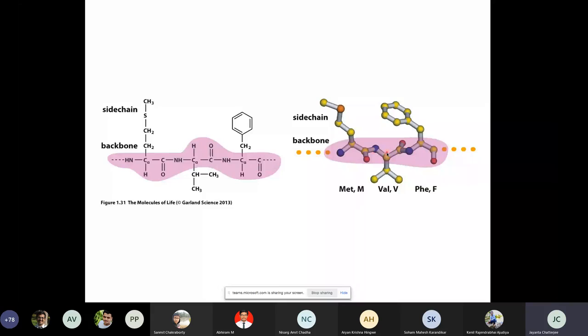And this rotation, the N-C alpha rotation, is called phi, and this rotation, the C alpha-C rotation of the CO, is called psi. These two torsion angles are the ones which determine the conformations of proteins.